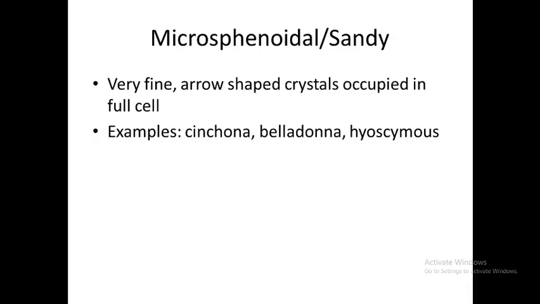Next, the microspheroidal or sandy-type crystal. These are very fine, arrow-shaped calcium oxalate crystals. Another important characteristic is that these crystals occupy the whole idioblast, where the synthesis of calcium oxalate crystals takes place. Examples are cinchona, belladonna, and hyoscyamus, three different plants where microspheroidal or sandy-type calcium oxalate crystals are formed.